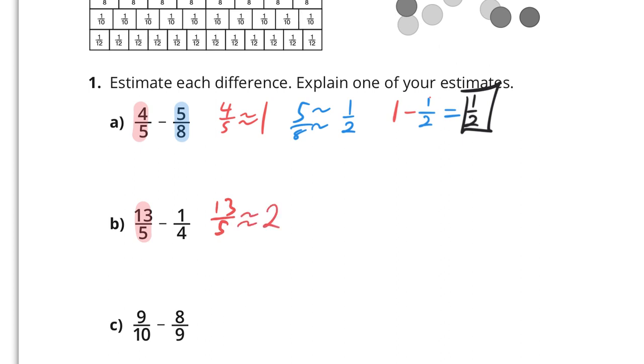Let's say it's about 2. And 2 take away a quarter is going to be 1 3/4, right? So 2 take away 1/4 is going to equal 1 3/4. So that can be our estimate for there.